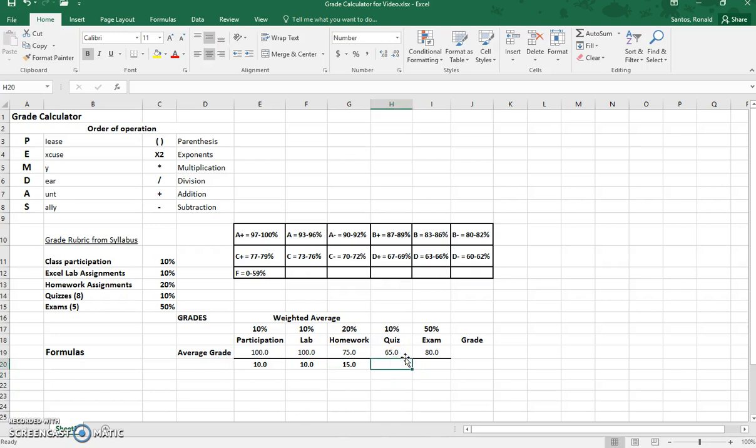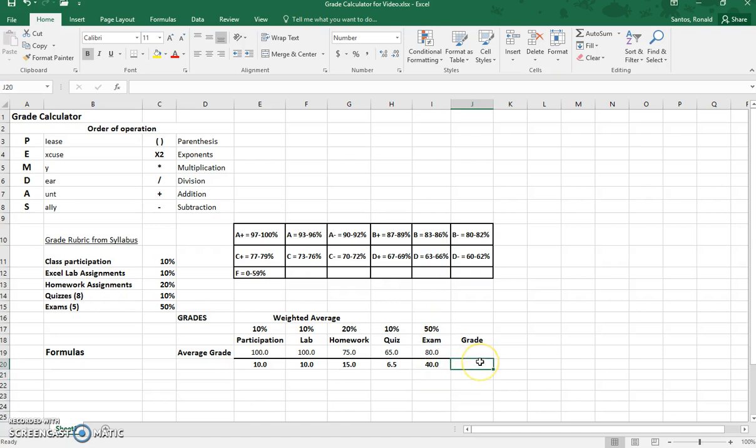Your quiz equals your average grade times the percentage, and finally your exam equals your grade times your percentage, and that gives you 40 raw points.